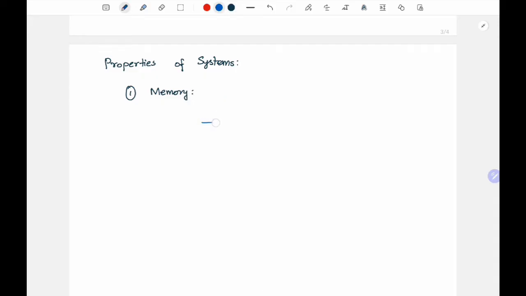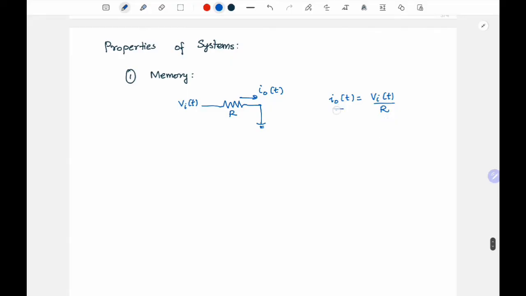So if you have a simple resistor, let's say this is a resistor, v of t is the input and the current flowing through it is, say, the output. Then how is the relation? Current is equal to voltage by resistance, correct? So whatever the output is, it depends on the input at that same time instance, correct? So we can say there is no memory.